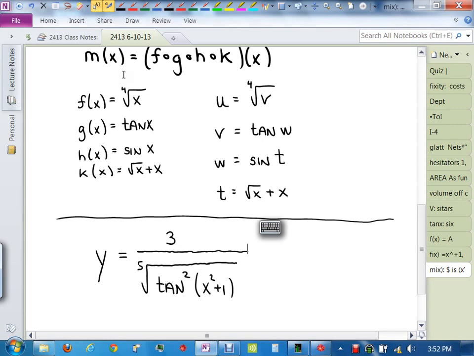Hold on. Yeah, you're good. Well, no, there's a problem here because you're done with the 5th root, right? So what's the next thing happening after? Like if you go inside the 5th root, what would be?